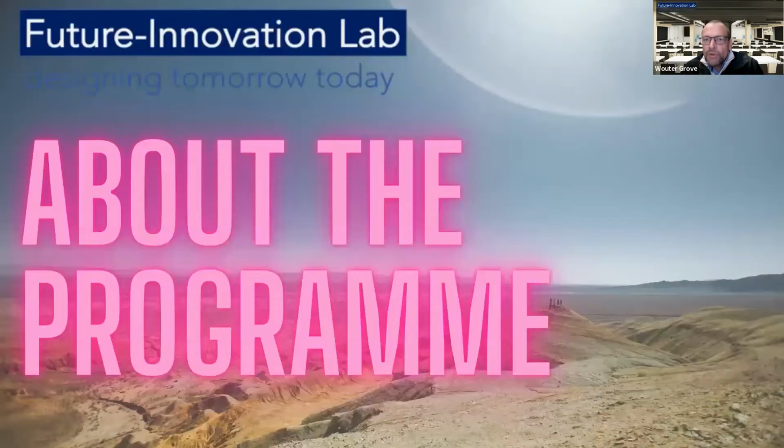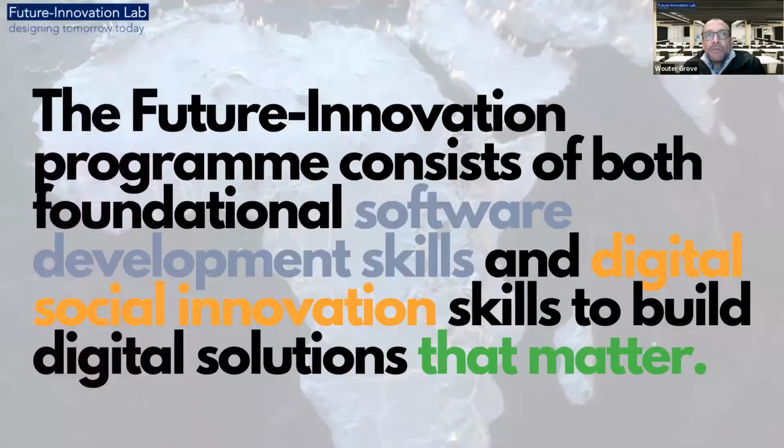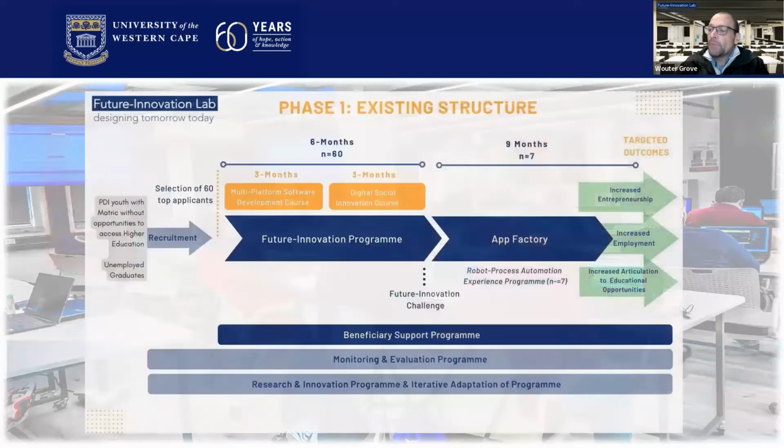So in short, the program, we're focusing on developing software development skills and digital social innovation, and doing that in a very applied manner, and really focusing on creating pathways for students so that they can access real opportunities in industry for meaningful employment. I think that's the key focus.